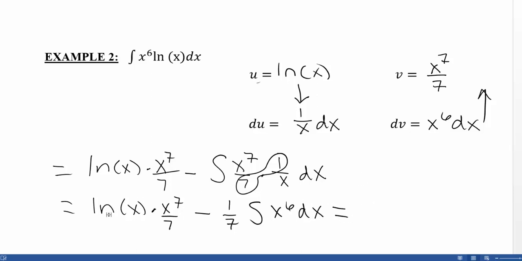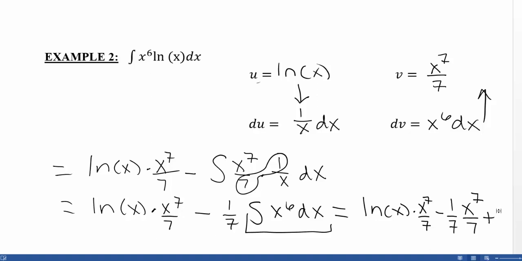So now the first term stays the same, the natural log of x times x to the 7th over 7 minus 1/7, which is my constant multiple, and I want to take the antiderivative of x to the 6th. So that becomes x to the 7th over 7. So I could combine the 7's in my second term to make 49, but that's the only simplification I would do.